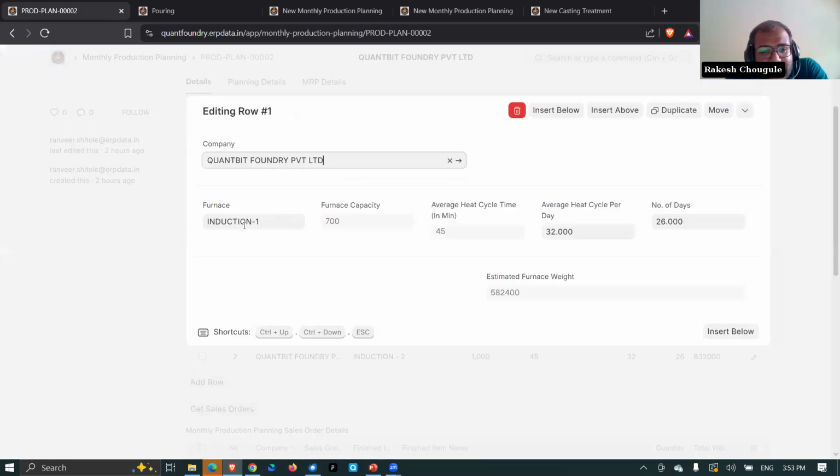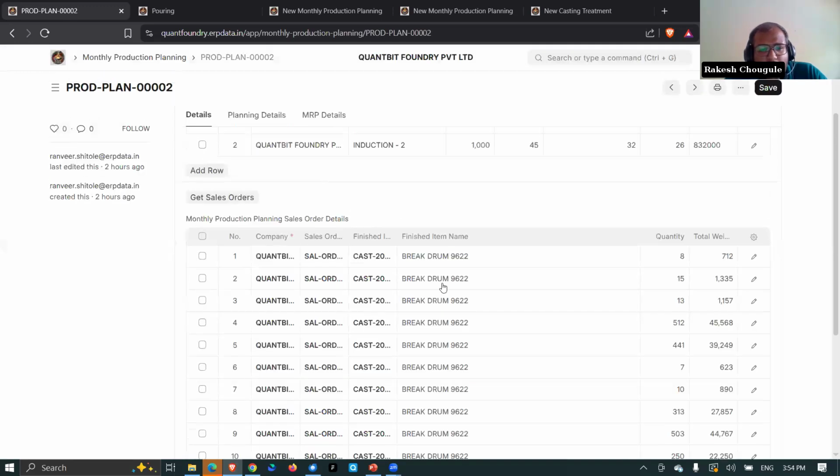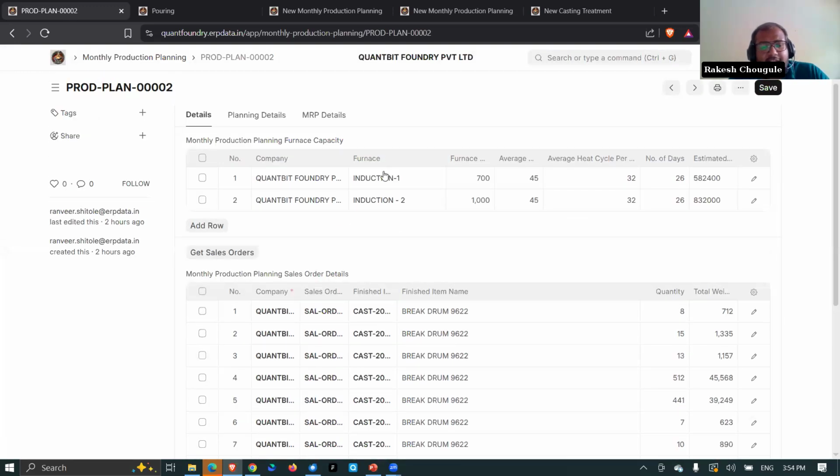Here you can see for induction one my capacity is 700 kg, the average heat time is 45, and the average heat cycle per day I can make is 32 cycles of the heat. Then the number of days available during the month, and the estimated furnace weight for the particular month which I can generate. So accordingly for each furnace there will be capacity planning.